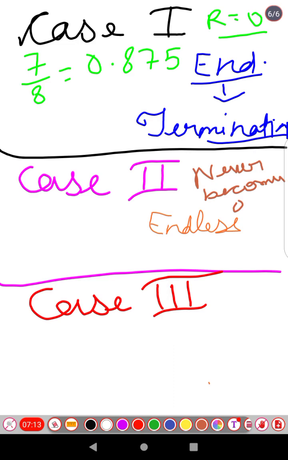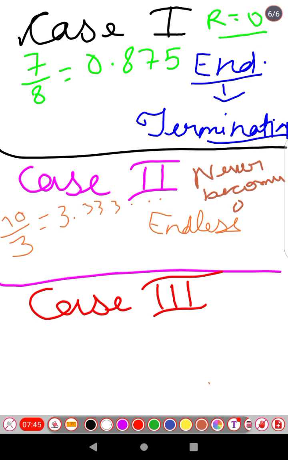See, in examples 10 by 3 and 1 by 7, we notice that the remainders repeat after a certain stage, forcing the decimal expansion to go on forever. In other words, we have a repeating block of digits in the quotient. We say that this expansion is non-terminating, recurring. For example, 10 by 3. So the answer is 3.333 and so on.